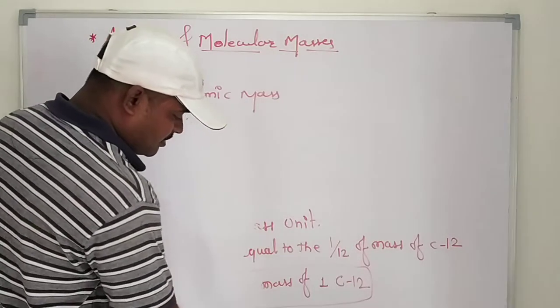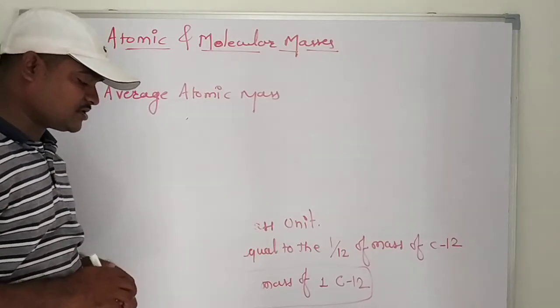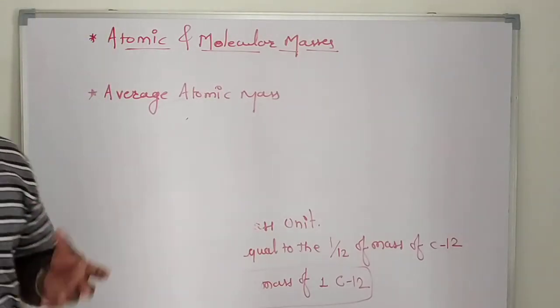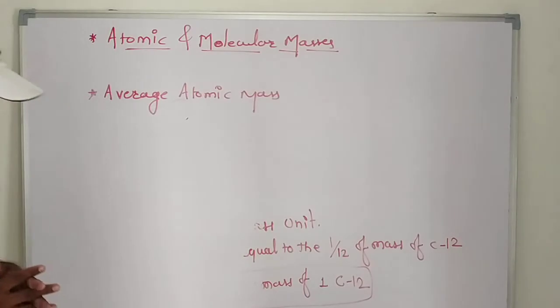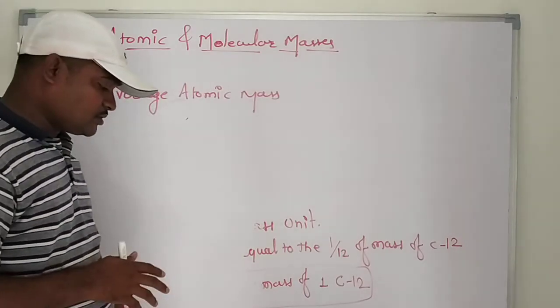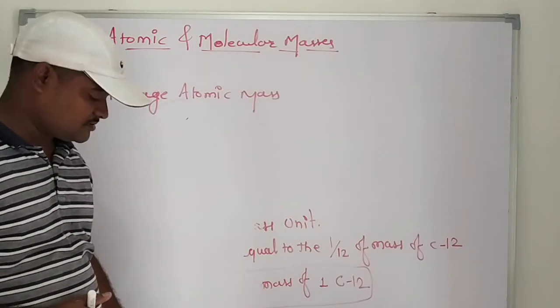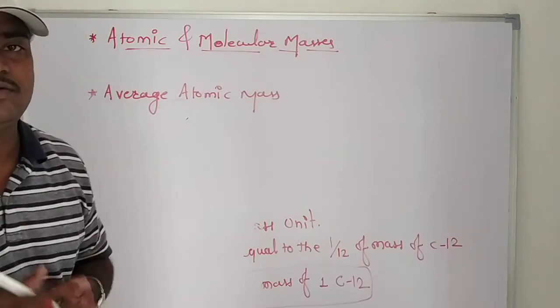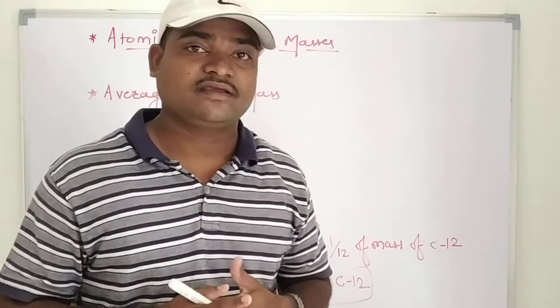Many naturally occurring elements exist as a mixture of one or more isotopes. So isotopes, you are already familiar with. In Marathi they are called samasthanic.